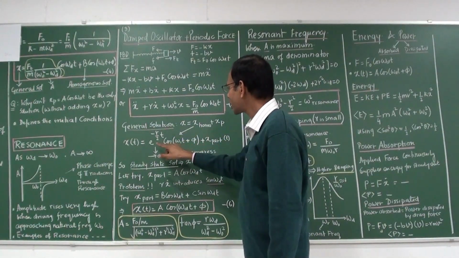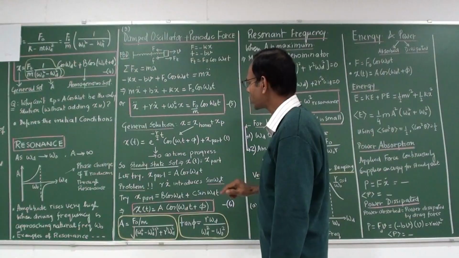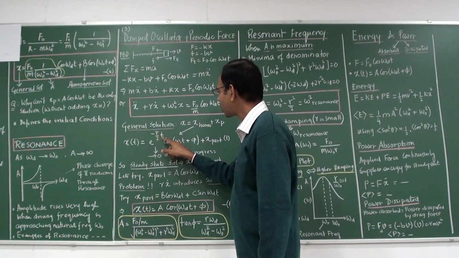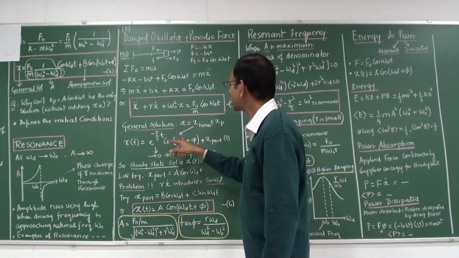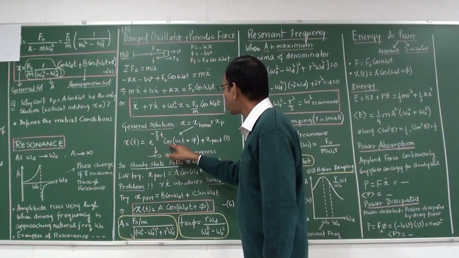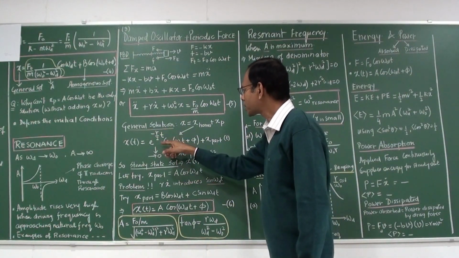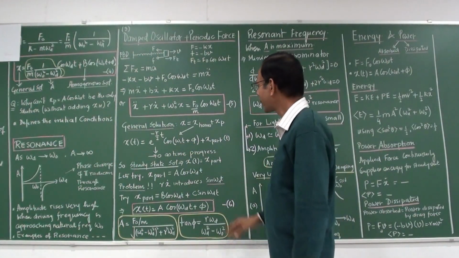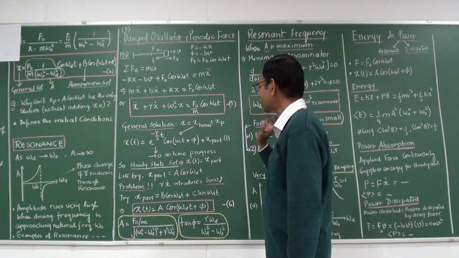As we have already seen when we studied damped oscillation, x homogeneous is A e to the power of minus gamma by 2 t cos omega 1 t plus phi, plus x particular.